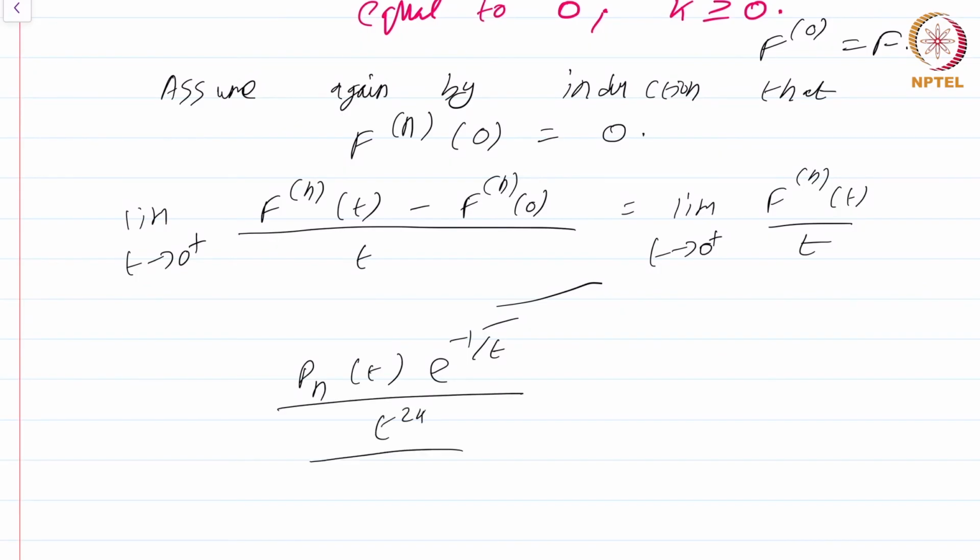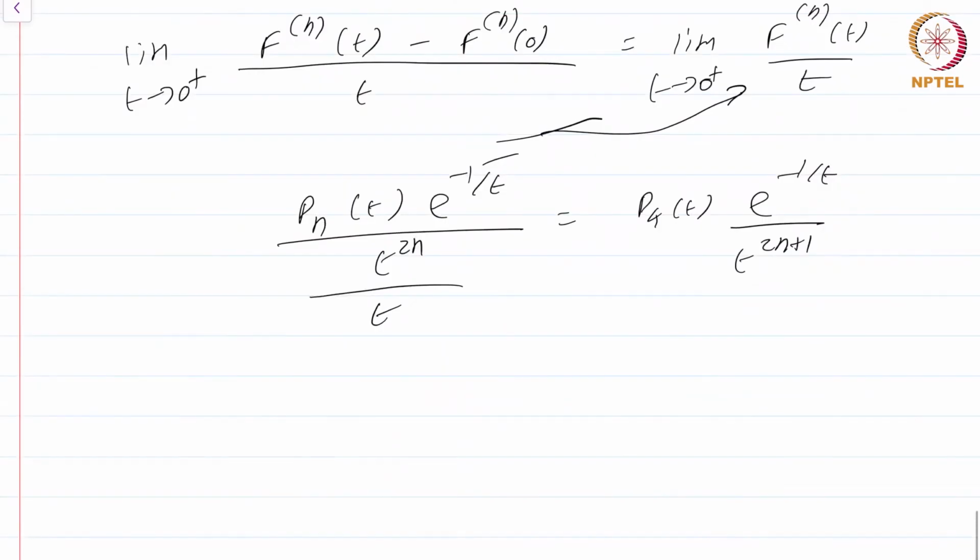So this is p_n(t) e^(-1/t) divided by t^(2n+1).